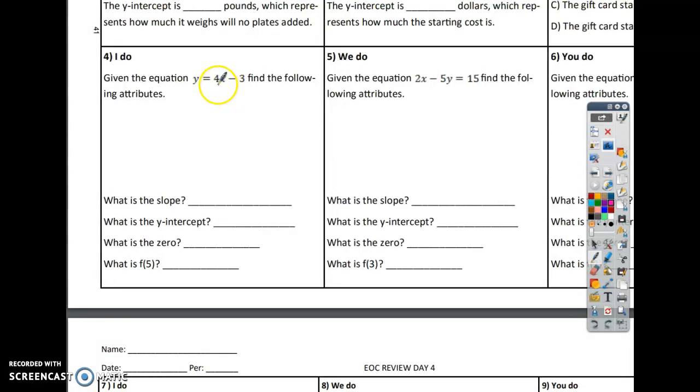Again, this one's already ready, so I know that m equals 4 and b equals -3, so you can fill out the rest of it. You can also put this equation in y equals trace, okay, and figure out the rest of this.